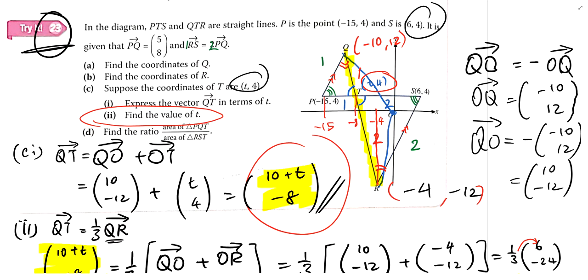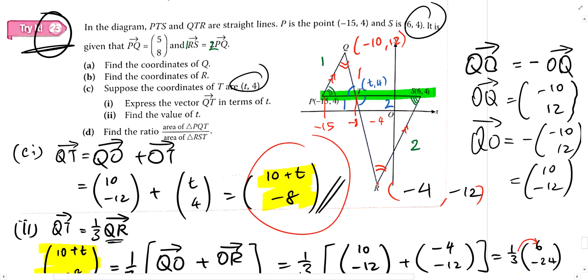Alright? So now part D. Find the ratio of area PQT over RST. You can just look at, instead of this yellow line, this green one. Now he's going to divide it into 3 equal parts.